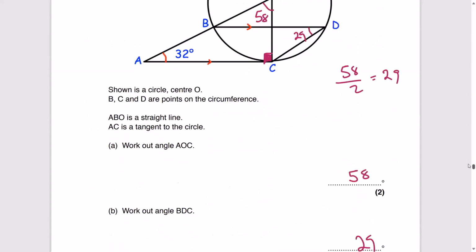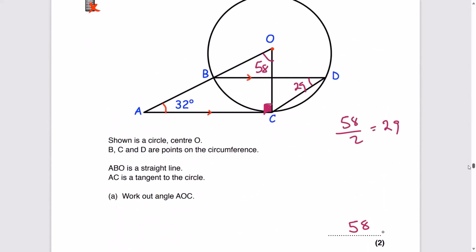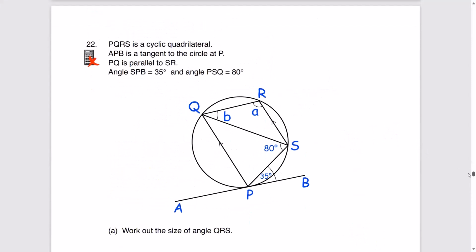58 and 29. And for this one, QRS, that's A. Okay, so if you look at this angle here, it is the same as this angle here, which is 35.